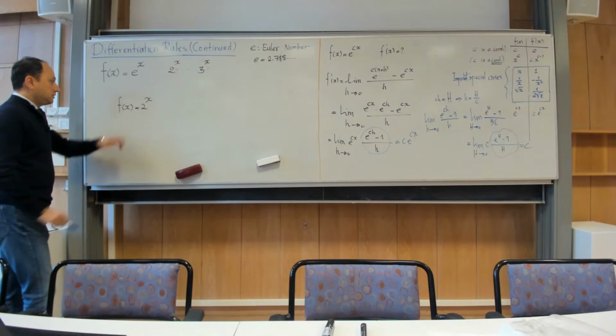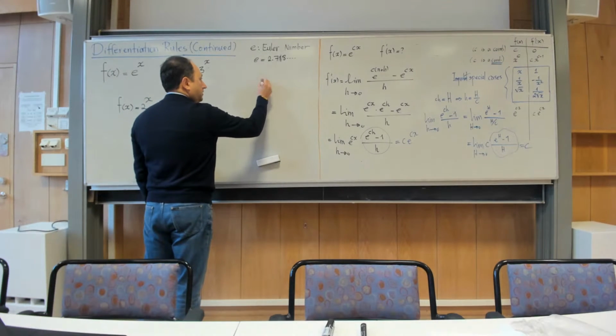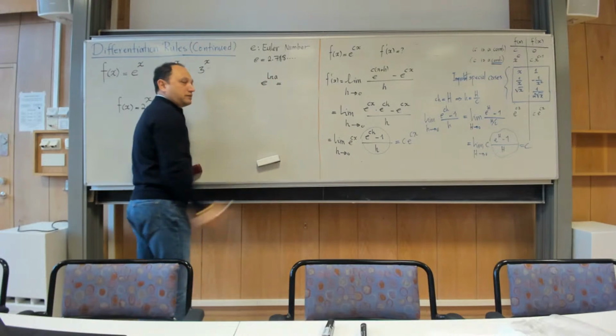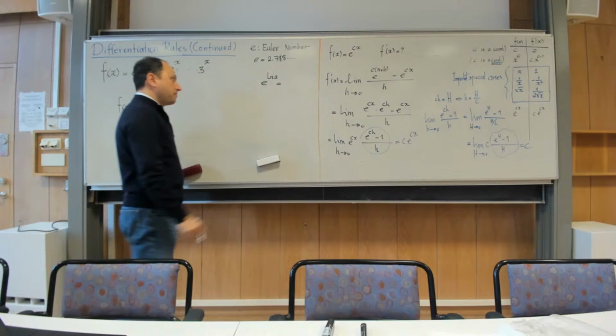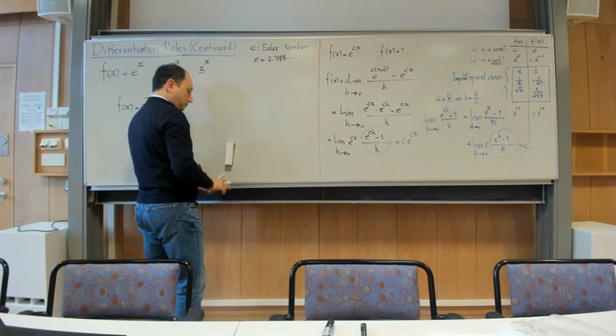So instead of writing this, hopefully you remember e to power ln of a is what? This is the natural logarithm that you had in Math 3C. If you have forgotten, let me just quickly remind you.